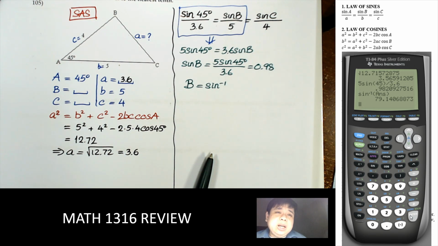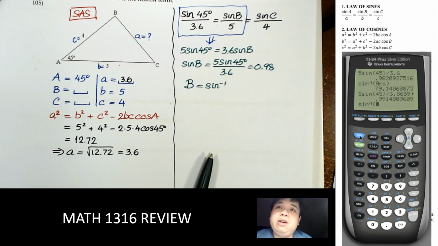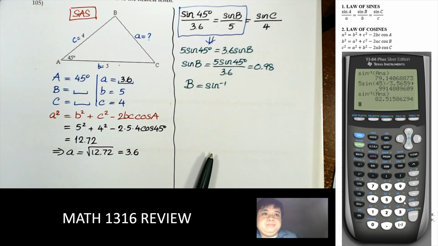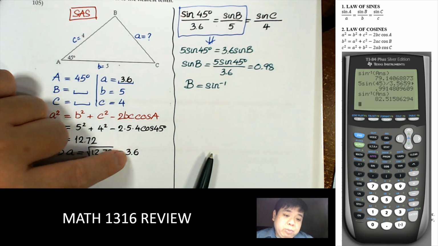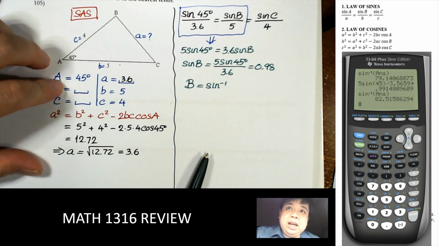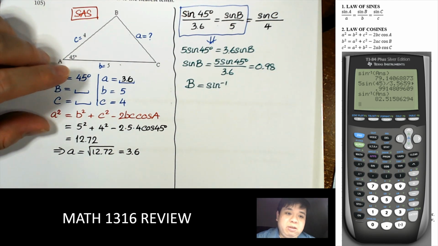Right. If you wonder why the answer is a little off compared to the answer on the back of the test, it's because here we rounded up to 3.6. If we don't round it up, let's see. Instead of 3.6, we use this number, and we're going to take the sine inverse of that. Of course, it's going to be different. It's 82.5 degrees. So even though we rounded to 3.6, we should actually keep the original number, 3.56 something.